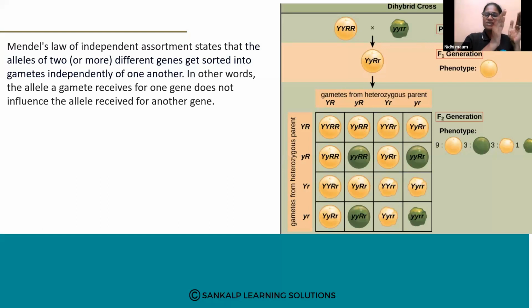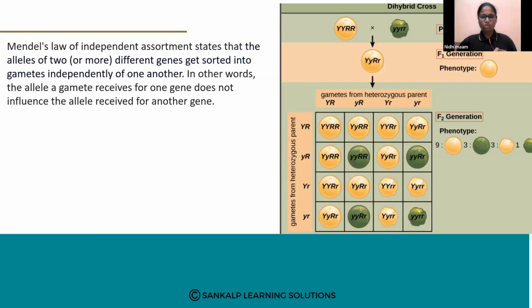Yellow color of a seed is not dependent on the round shape of the seed. Green color of the seed is not dependent on the wrinkled shape of a seed. So both the characters will express independently without any mixing up, without depending on each other. So this is called Mendel's law of independent assortment.